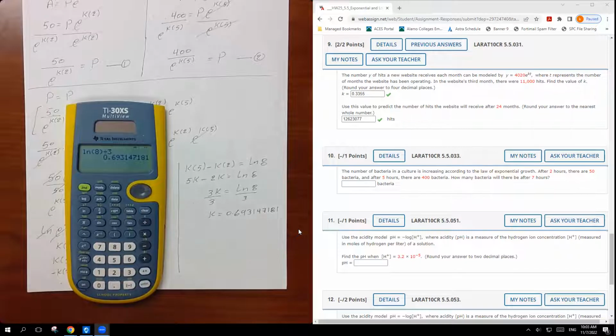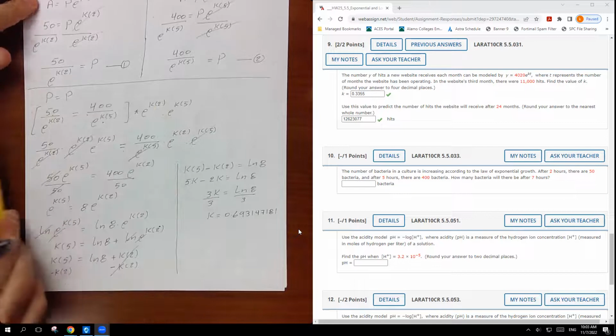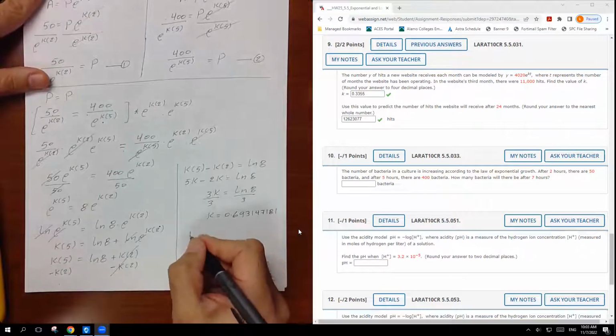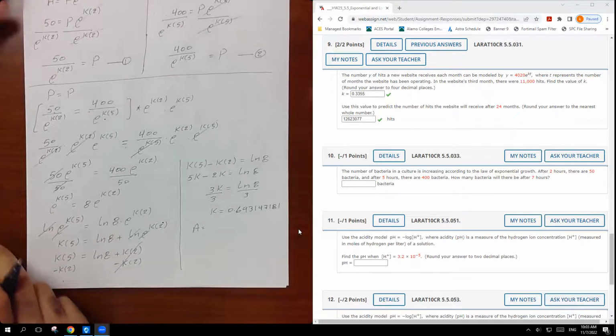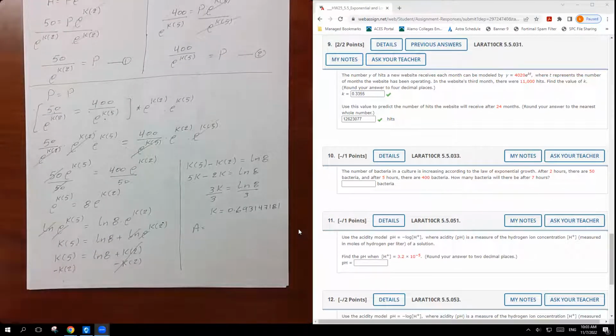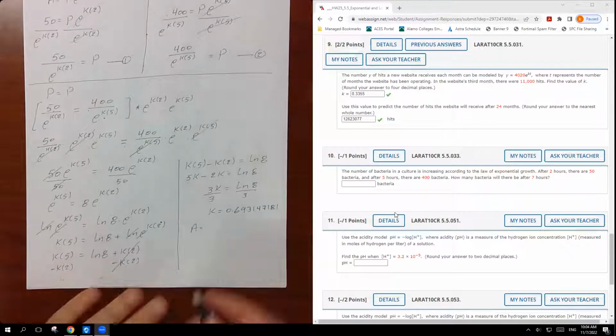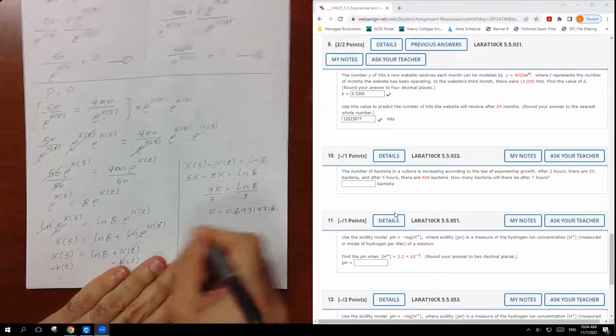Now we need to find how many bacteria there will be after 7 hours. That means A is going to be equal to P, which is, we need to find the P. We don't have the P. So we can't find the A because we need to find the P. We have the k.